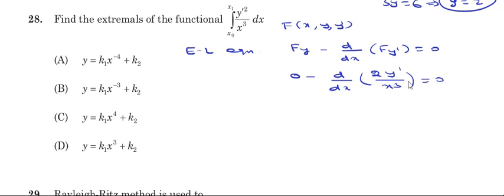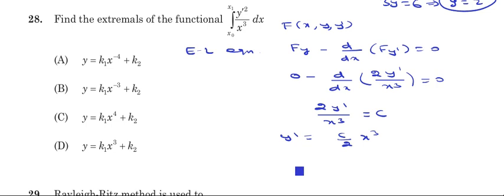So the differentiation of this function is equal to 0, therefore this function will be equal to some constant. So 2y dash by x cube equal to some constant c. So y dash equal to c by 2 x cube.